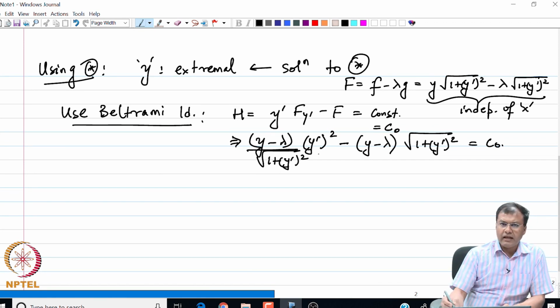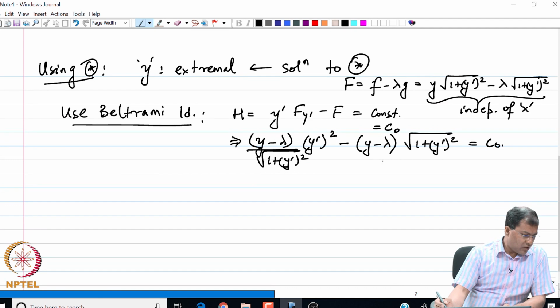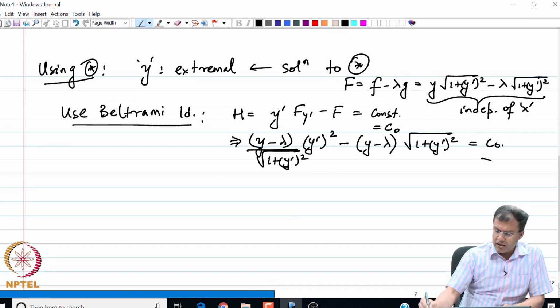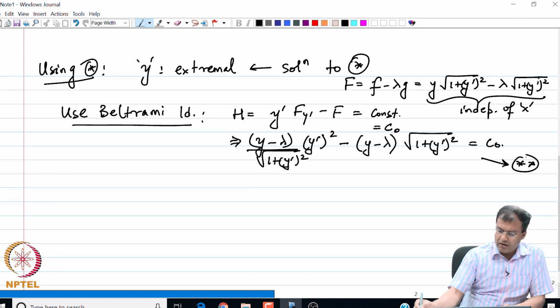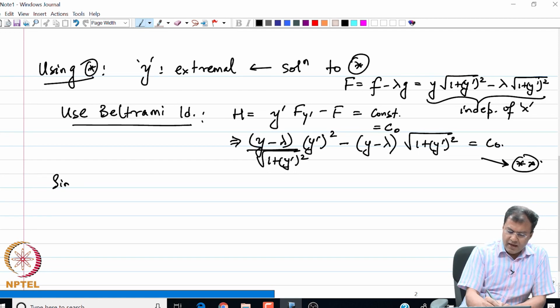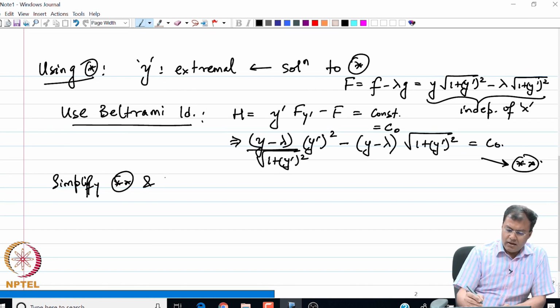So, from here I can simplify this result a little bit further in order to finally integrate y with respect to x. Let me call this my result double star. So, simplify my double star and integrate with respect to x.